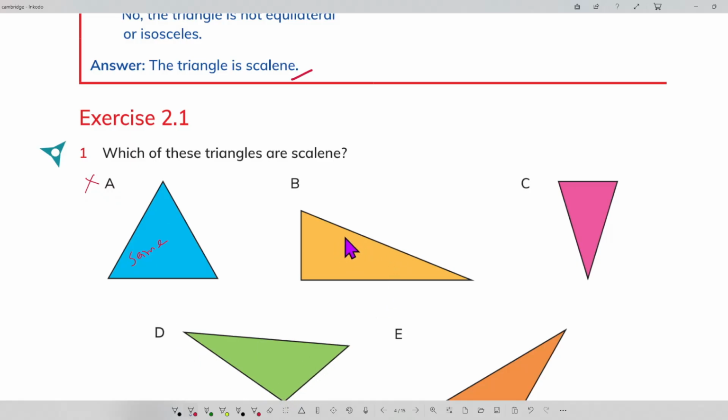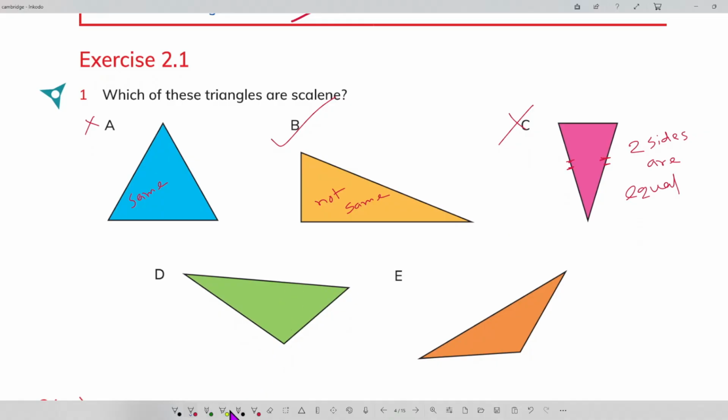And here not the same, all different. So this is a choice. Number C, this one and this one are the same, two sides are equal. So this is also out.